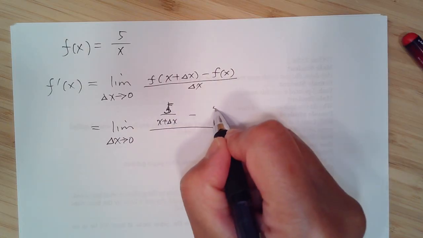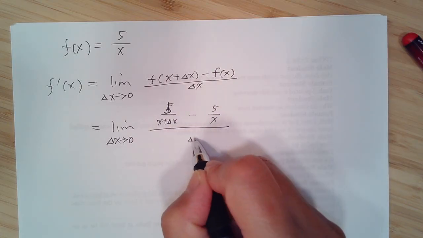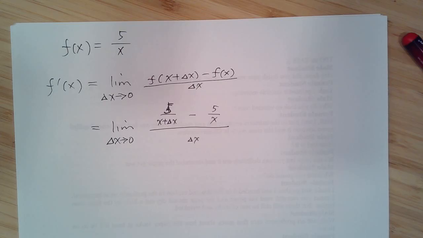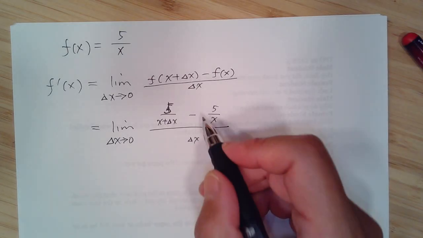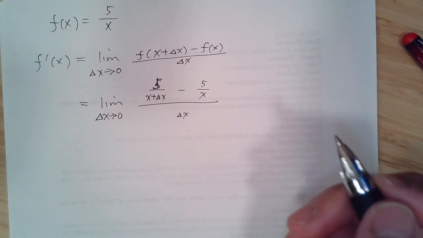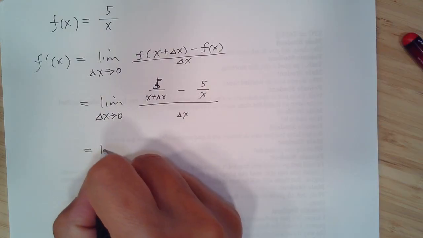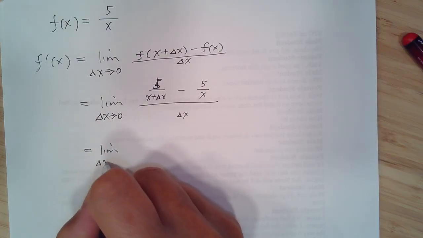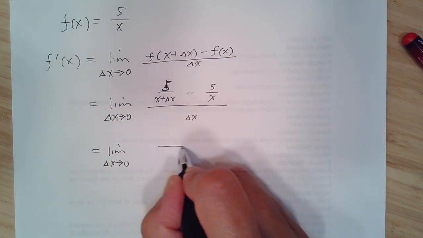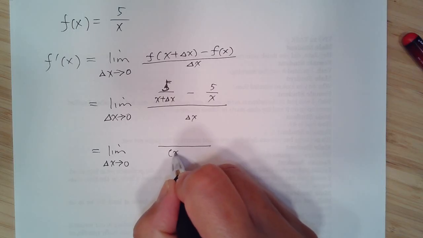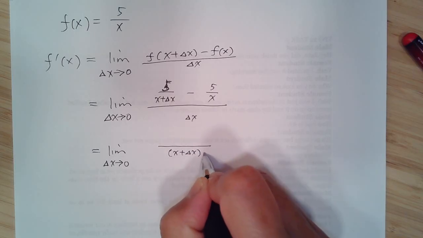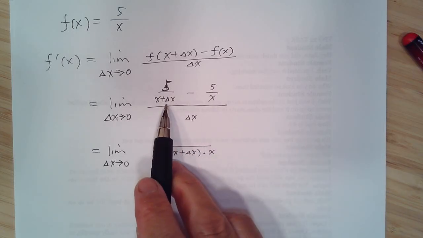And I'm going to minus 5 over x. I need to find the least common denominator, right? The least common denominator should be x plus delta x times x. It should be the product of these two.